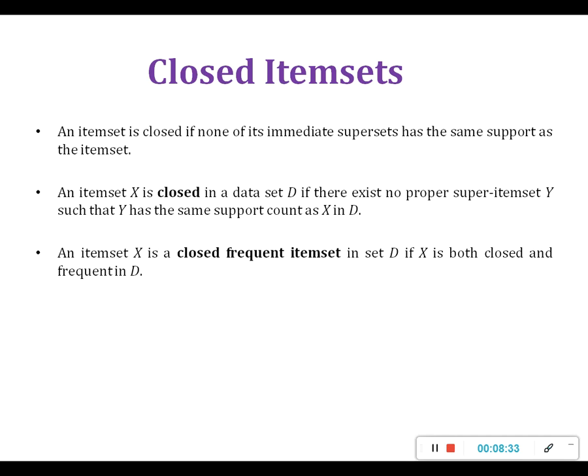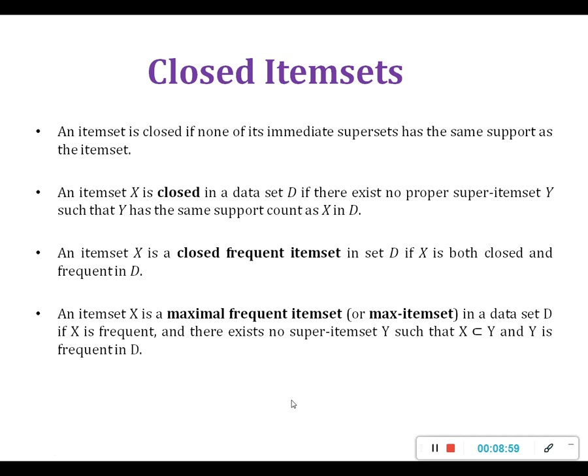It is frequent if its support count is more than the minimum support. And it is closed when none of its supersets has the same support count as X. Then X will be called a closed frequent item set.